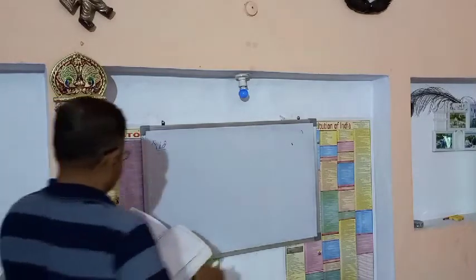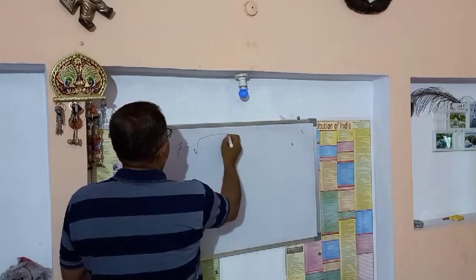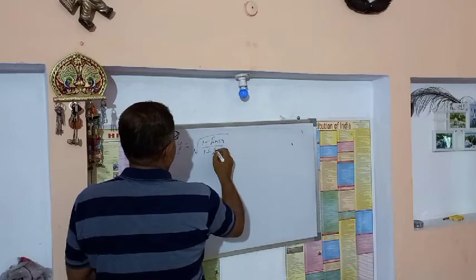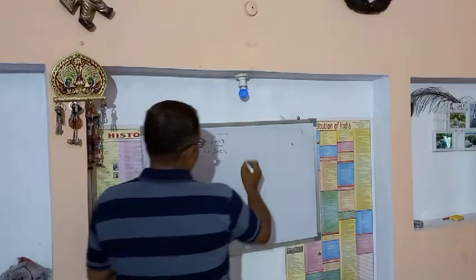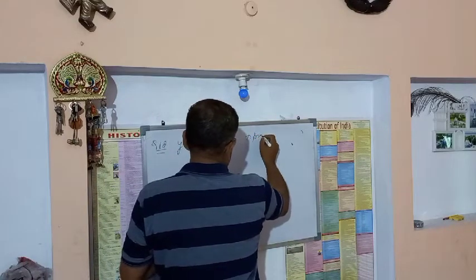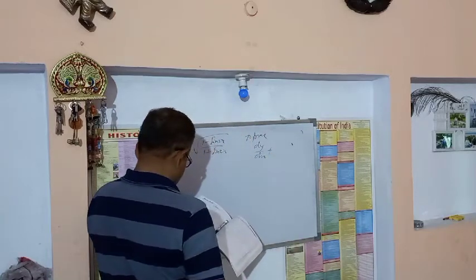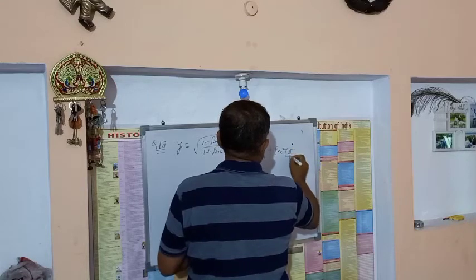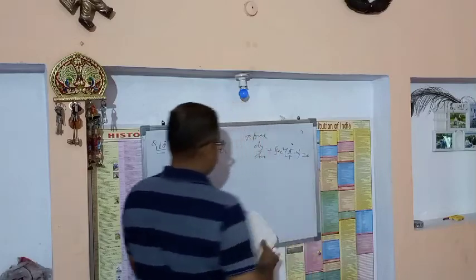It is given y is equal to under root 1 minus sine 2x upon 1 plus sine 2x. We have to prove that dy by dx plus sec square pi by 4 minus x is equal to 0.